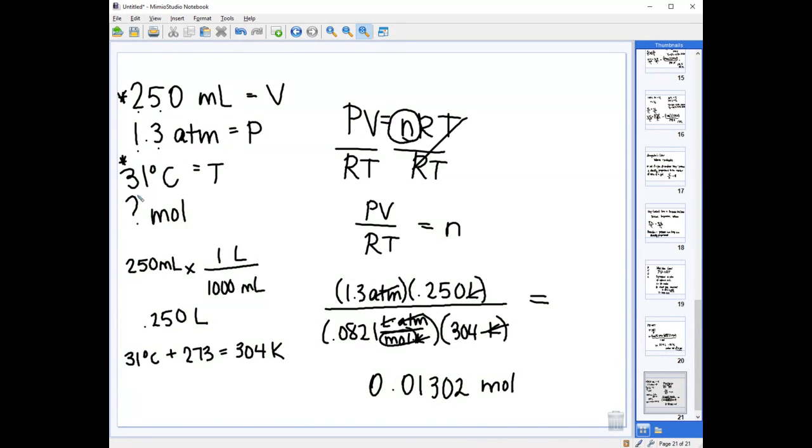Atmospheres, my pressure has 2, my temperature 2, so I'm going to use 2 significant digits. So this is going to be 0.013 moles, because remember, this 0 is not significant. So I'm going to use the 1 and the 3 to be my significant digits. So my answer here is 0.013 moles.